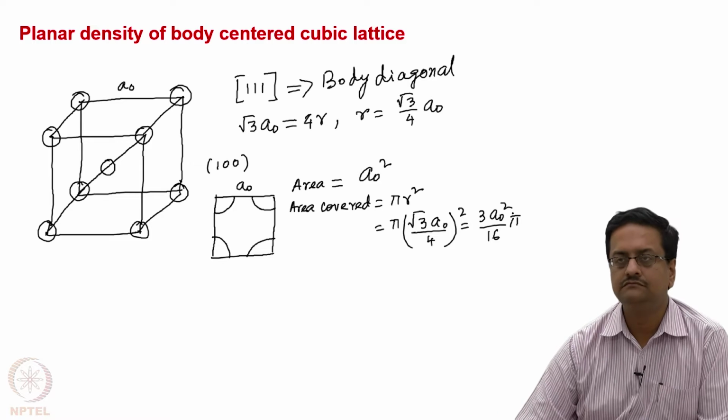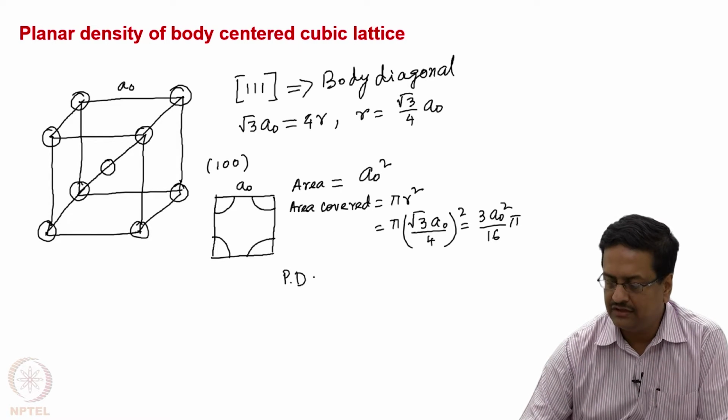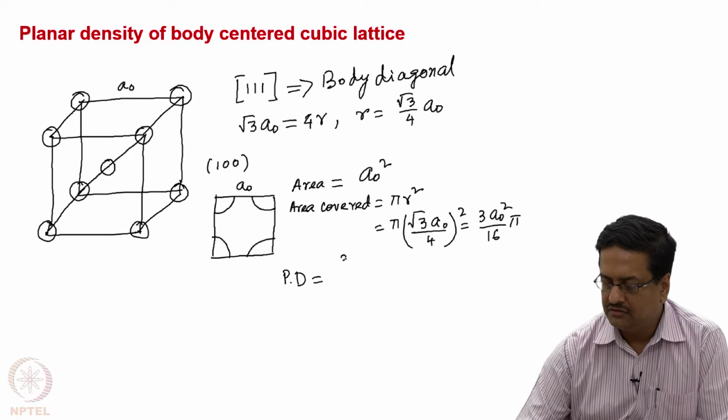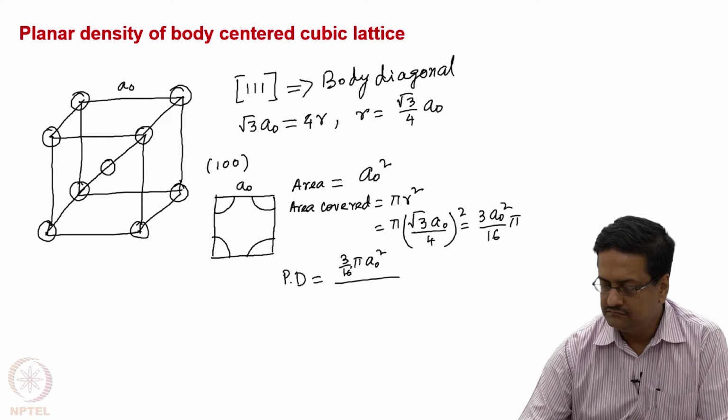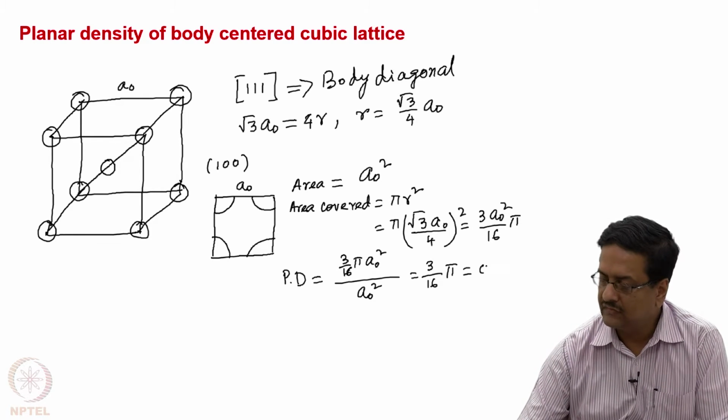So now the corresponding planar density turns out to be 3 pi A0 square by 16 divided by A0 square, which is equal to 3 pi by 16, which is equal to 0.59.